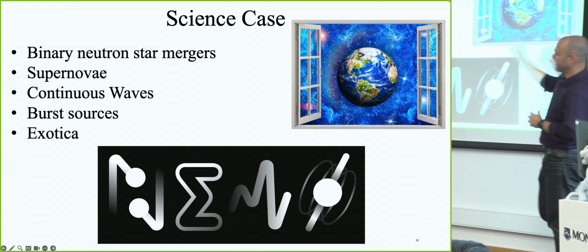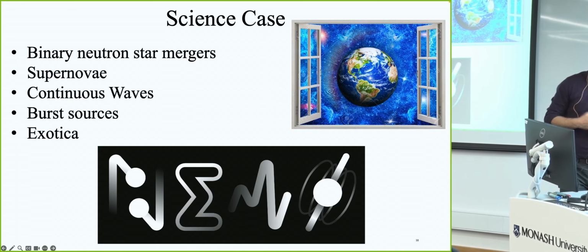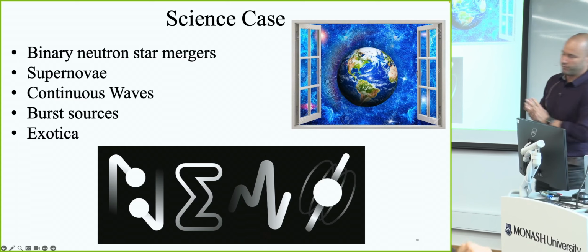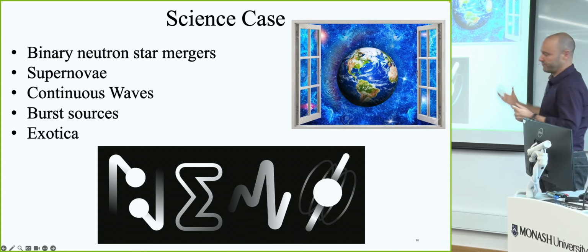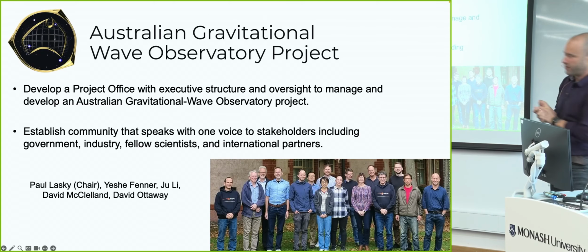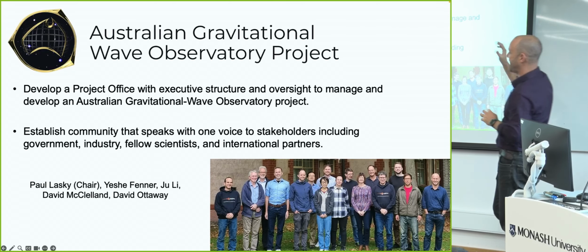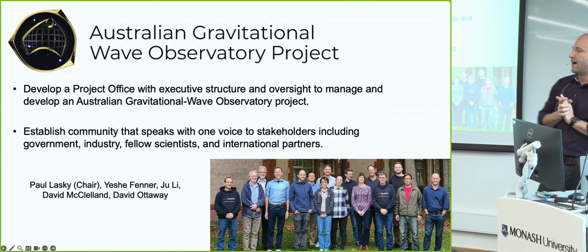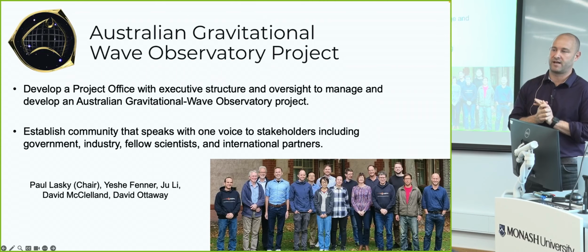There's a whole bunch of other unknown unknowns, and even some known unknowns, that are real potential for observations there. I will leave you with my final two slides. This one says that we're developing a plan to try to build something like this in Australia.